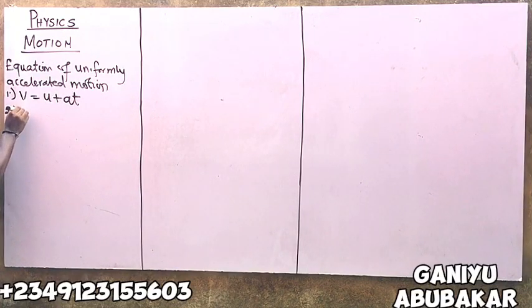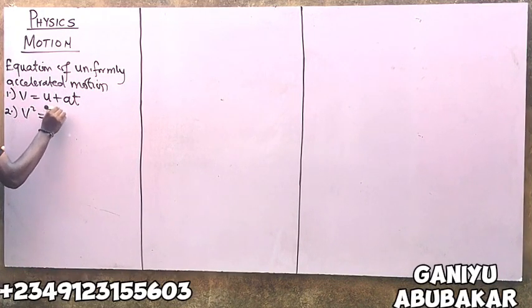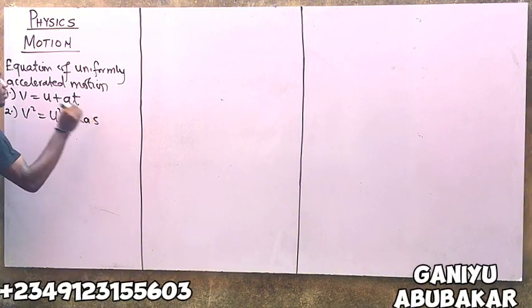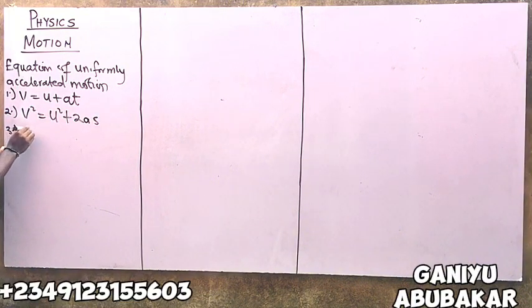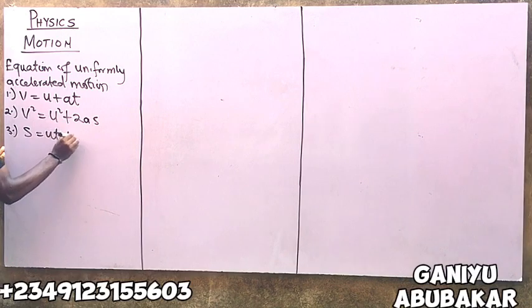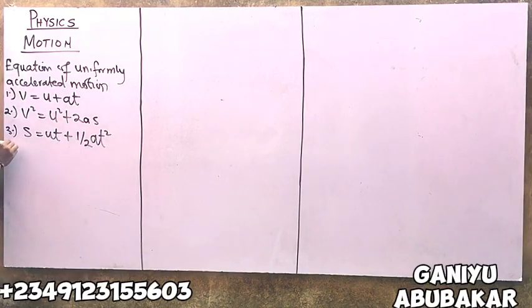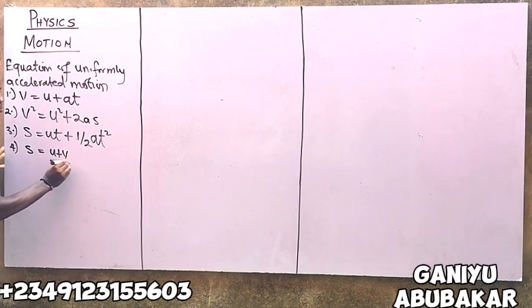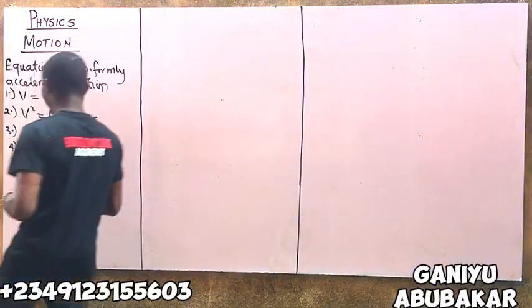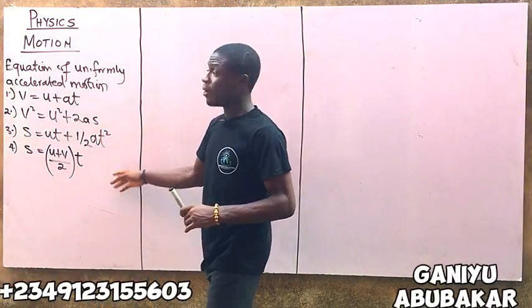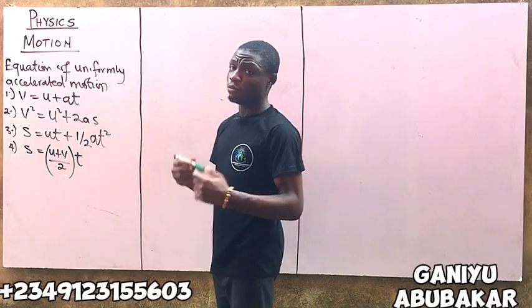The second one, v squared is equal to u squared plus 2as. And the third one, s is equal to ut plus 1 over 2 at squared. The fourth one here was that s is equal to (u plus v) all over 2, into t, right? These are the 4 equations I gave you under uniformly accelerated motion.